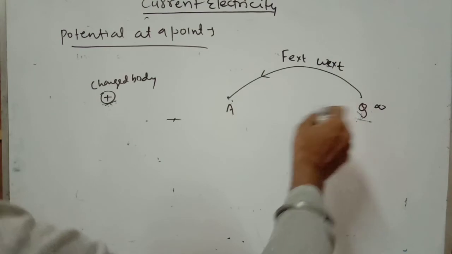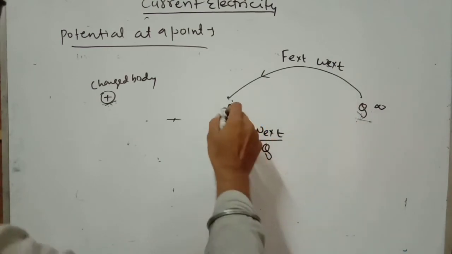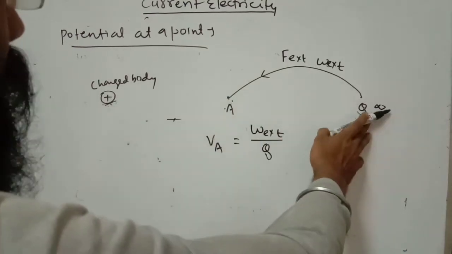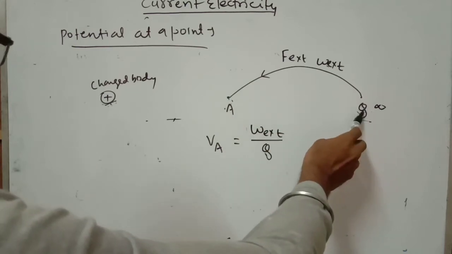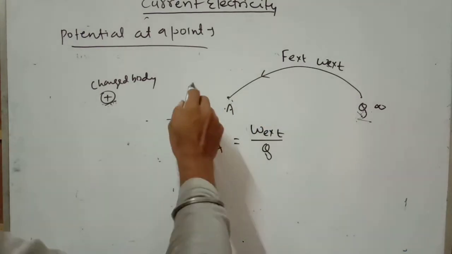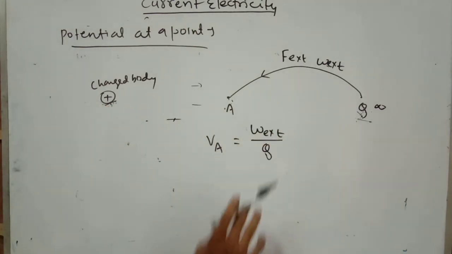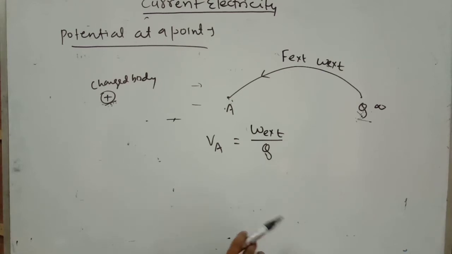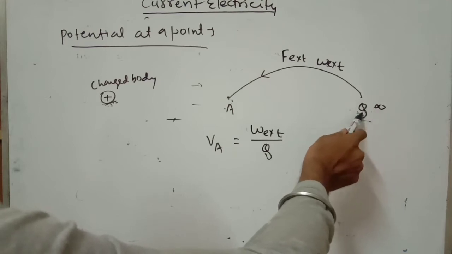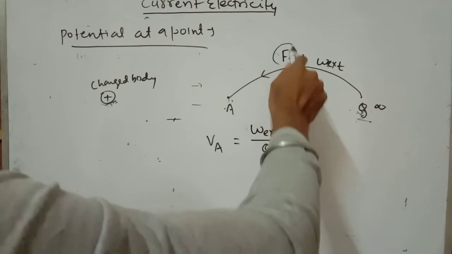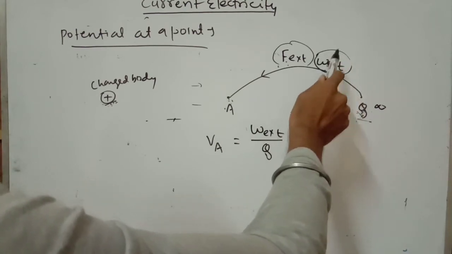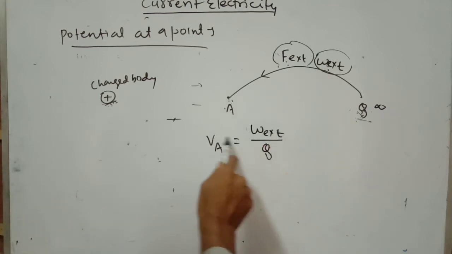This work done by the external agent per unit charge is called the potential at point A. Once again, here is the charge body and here the charge. When this charge comes near the charge body, it is repelled, because of the electric field due to the charge body. This force is also called the electrostatic force; you will study it in class 12. So for bringing this charge from infinity to point A, some external force is needed, which means there must be work done by the external agent. That work done by the external agent per unit charge is called the potential at that point.